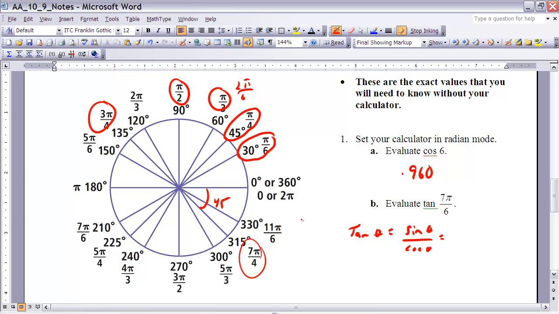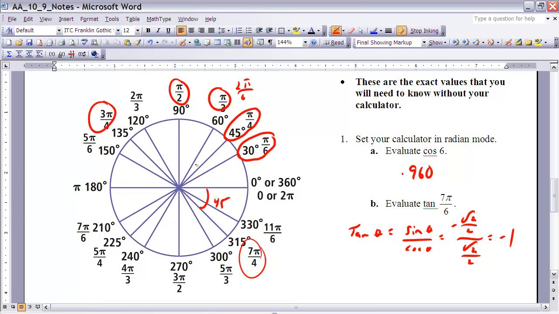I know that the sine of theta in the fourth quadrant is negative, so that would be negative square root of 2 over 2. And I know the cosine in the fourth quadrant, my x value would be positive, so that would be a positive square root of 2 over 2. Therefore, my answer would be negative 1.